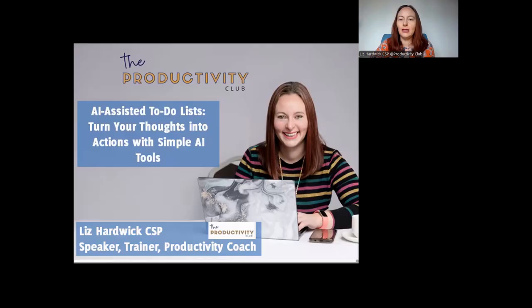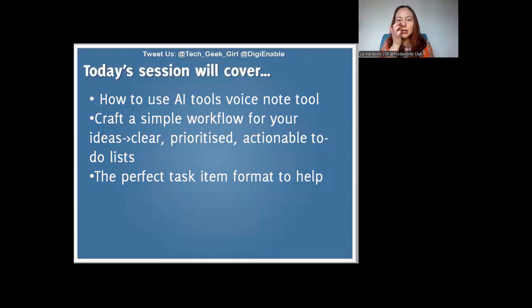So, AI assisted to-do lists, turning your thoughts into actions with simple AI tools. It's probably something that you already have a tool for, and you're just maybe not using it to the best of your ability. So, what are we going to do in our short time together today? We're going to look at how to use AI tools and the voice note tool inside your particular chosen tool.